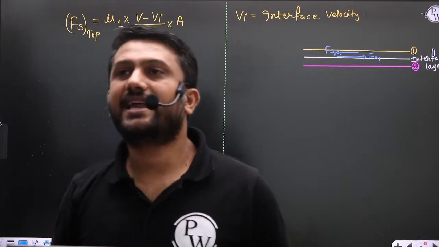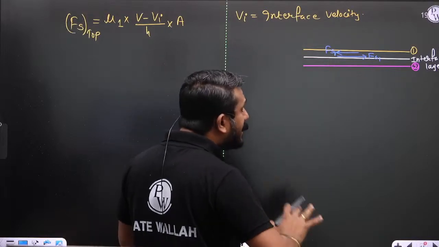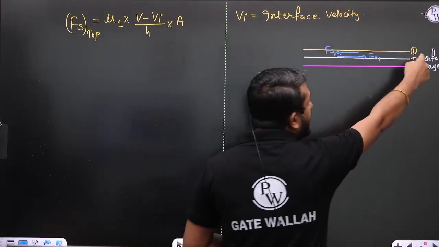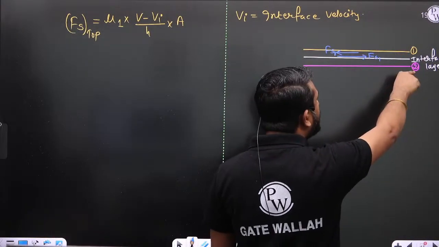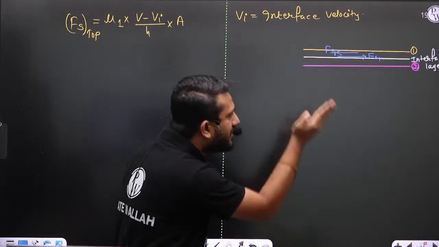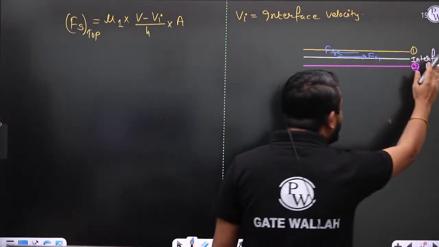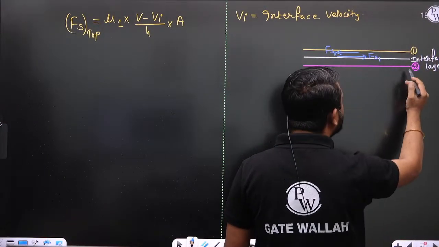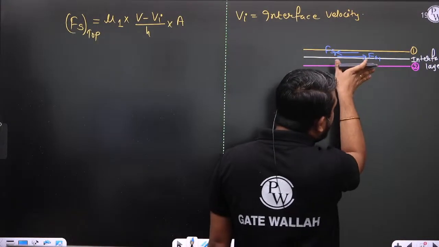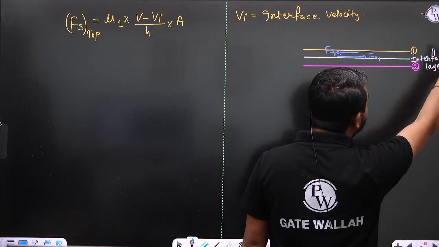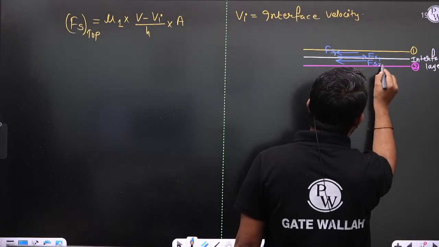Obviously, the interface layer has more velocity, so first show the direction of friction force or resistance force in the interface layer because of fluid number 2. The interface layer is trying to move in the positive x direction, so that friction force because of layer number 2 is this Fs2.